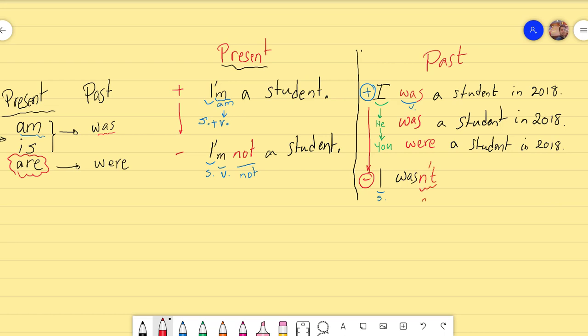So I make it shorter and I write I wasn't a student in 2018. Good. If you want to change it for you, just add not here. So you say you weren't a student in 2018.